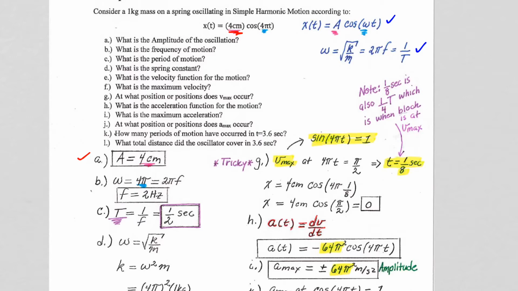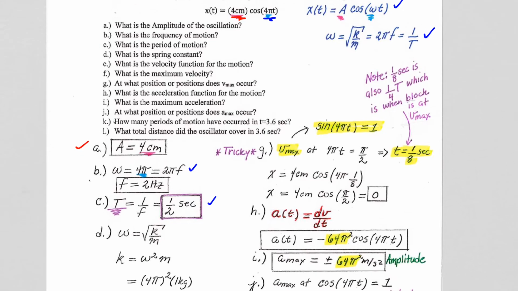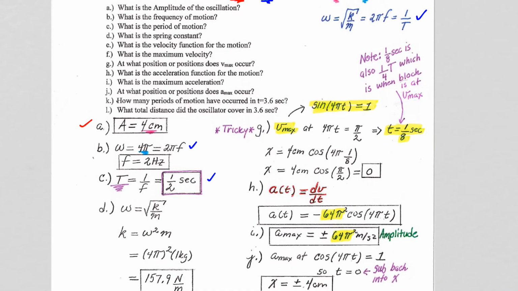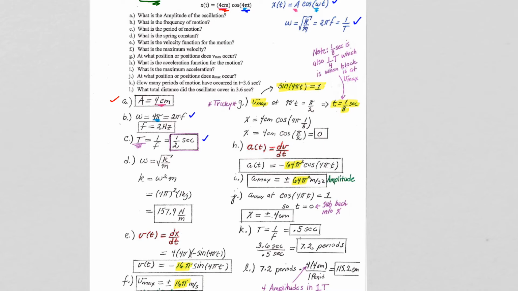The omega corresponds to the 4 pi right there in our omega t. We know frequency is 1 on the period, and omega equals 2 pi f, so we know the frequency is 2 hertz. 1 on frequency is 1/2 of a second. Omega equals the square root of k on m, so k is our only unknown now. We were told that we have a 1 kilogram mass, so now we know d.